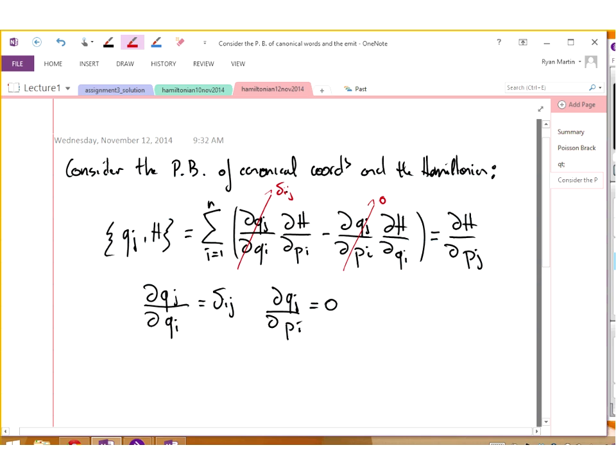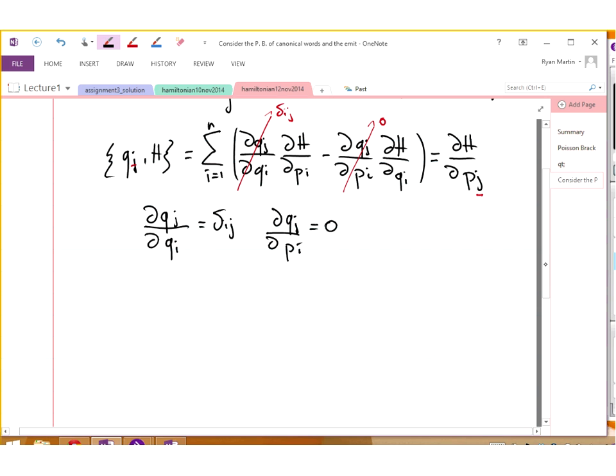And then this term here is delta ij, so it's only equal to 1 when j equals i. So in the sum of terms over i, it selects out the term where i equals j. And so that's why you end up with a j. Any questions about that?